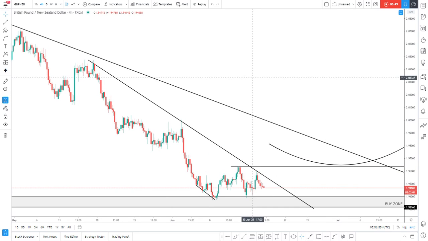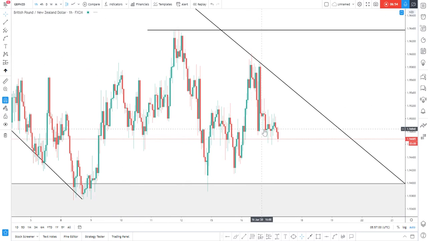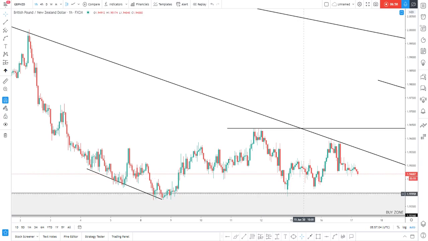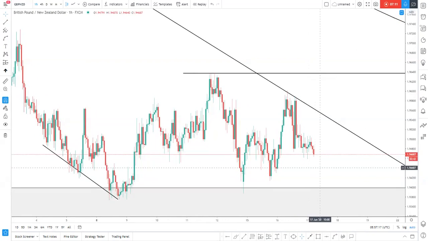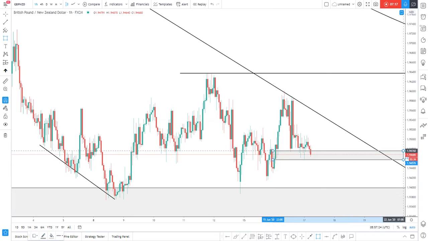So taking my RSI off the chart, I'm going to the 1 hour time frame, the last time frame I love to check. We can see there is a W pattern formation here, where price is still trading below the neckline. And also, if we look closely, we have a buy zone here.